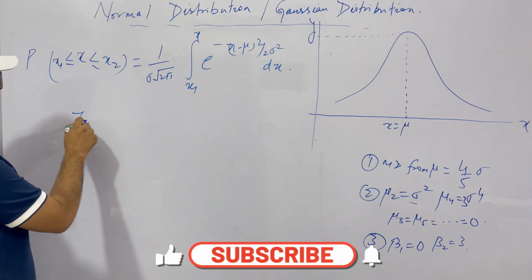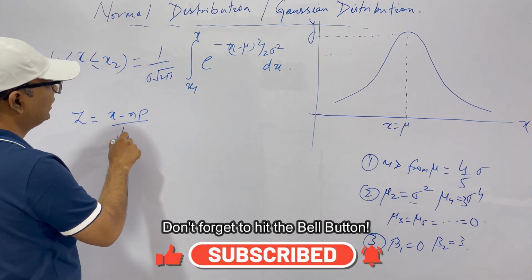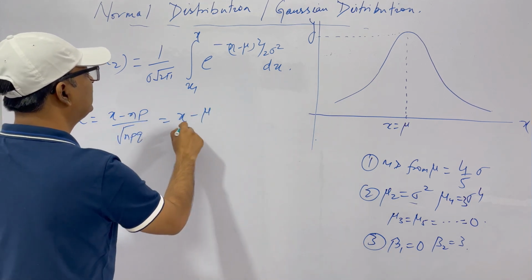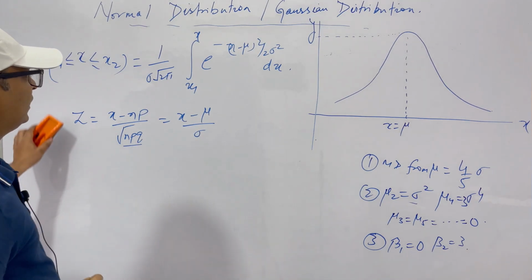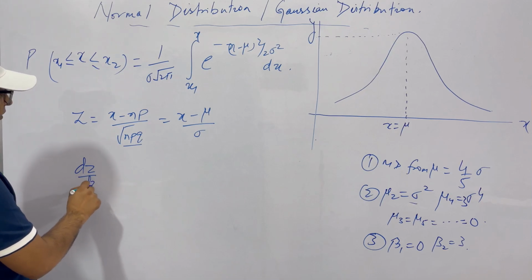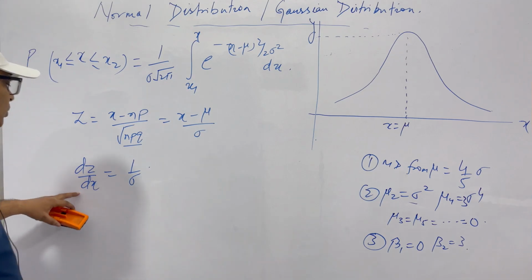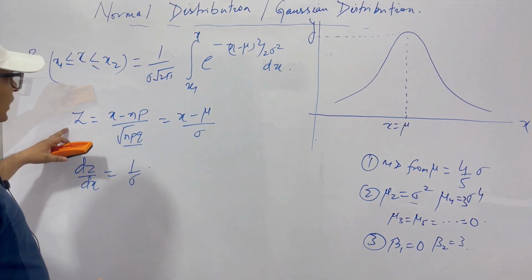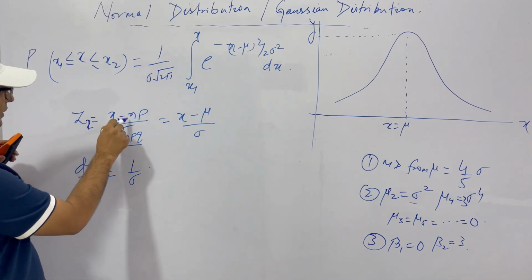Now we had defined z as (x minus np) by root over npq, that is, (x minus mu) by sigma. So if we take dz by dx, what do you get? Simply 1 by sigma. Putting this in, let's say our z1 is this and z2 is this.